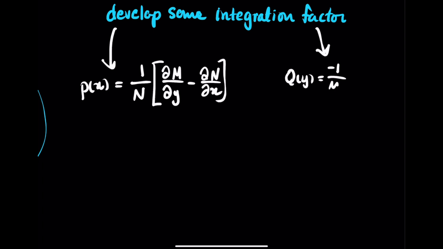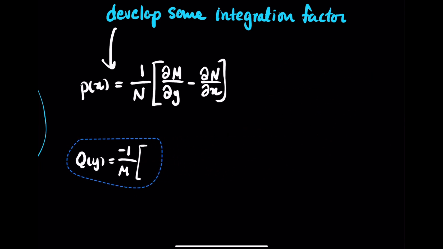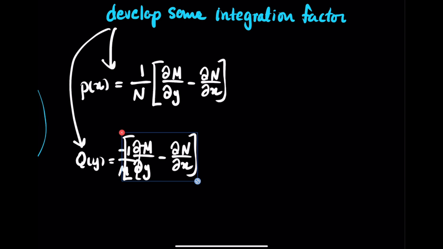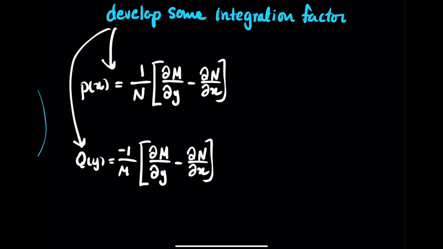I'll explain myself. 1 over M, partial derivative. Actually, let's move this down because space is limited. All right. So you have P of x and you have Q of y.